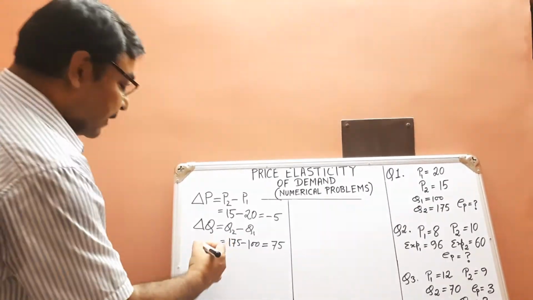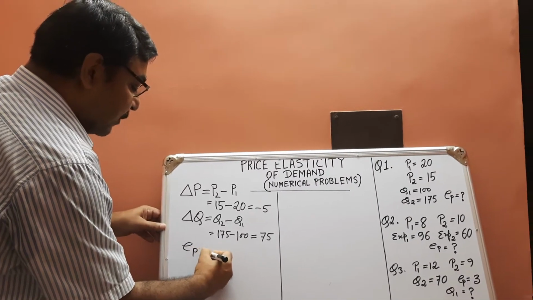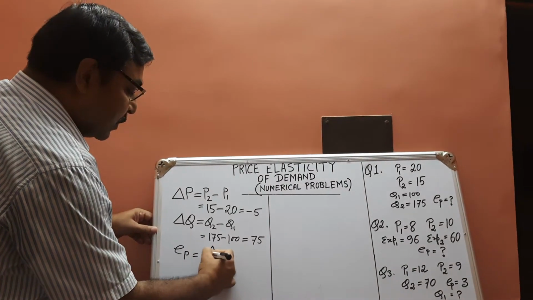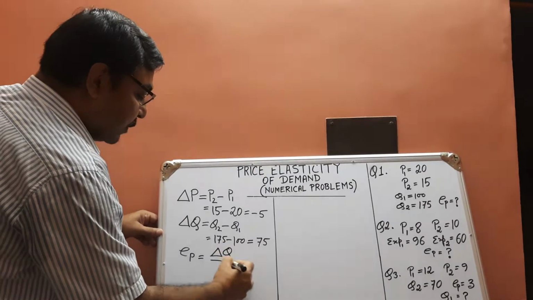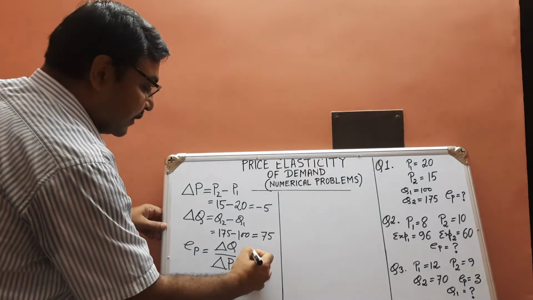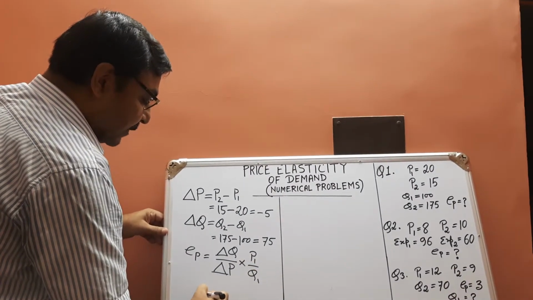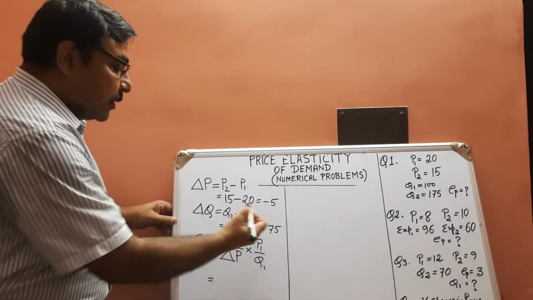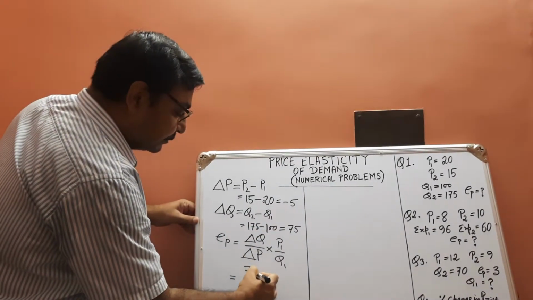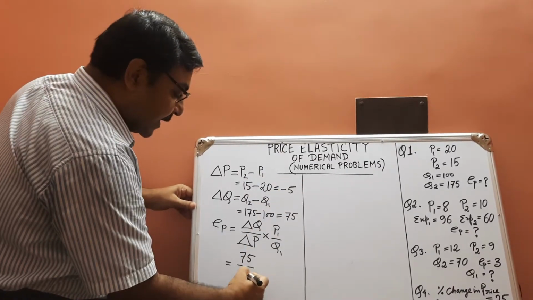Your formula: EP is equal to delta Q by delta P into P1 by Q1. Delta Q equals 75. Delta P equals minus 5.